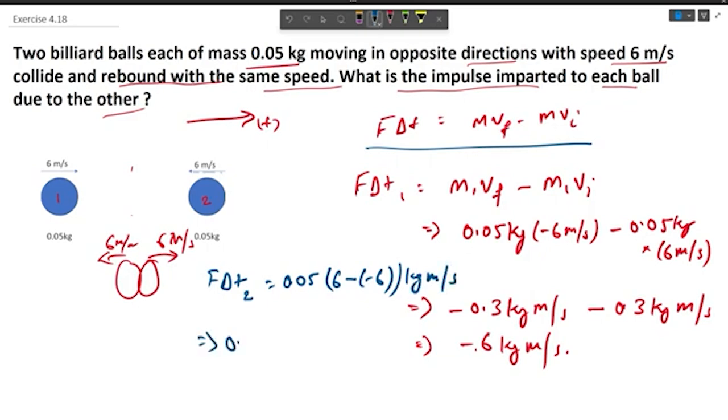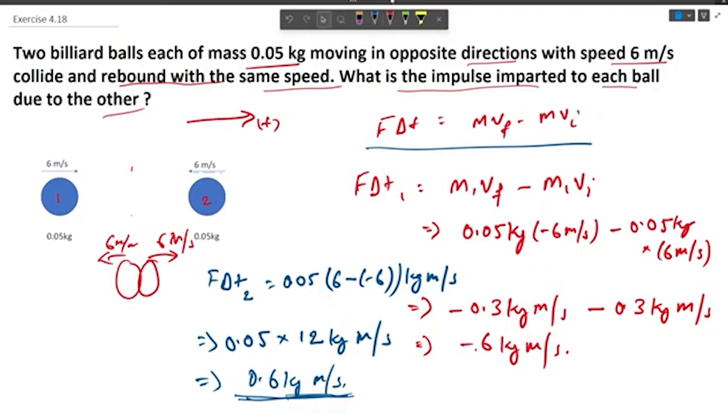That would be equal to 0.05 multiplied by 12 kg meter per second, which equals 0.6 kg meter per second. So the impulse is of the same magnitude, but in the opposite direction. For ball 1, the direction of impulse is opposite to the direction of initial motion, and vice versa for ball 2 also. Thank you.